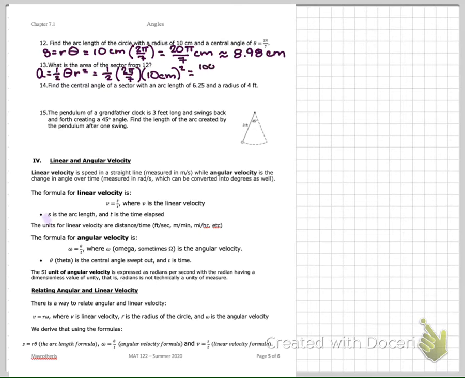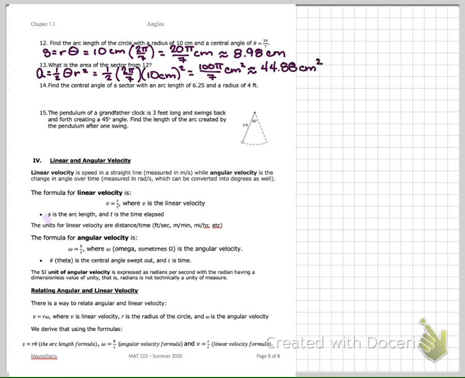We get 100 pi divided by 7 centimeters squared. And once we multiply that out, we get 44.88 centimeters squared. That's rounding to 2 decimal places.